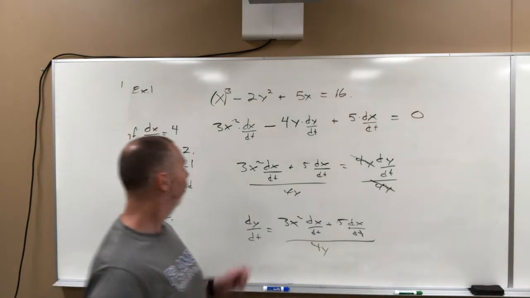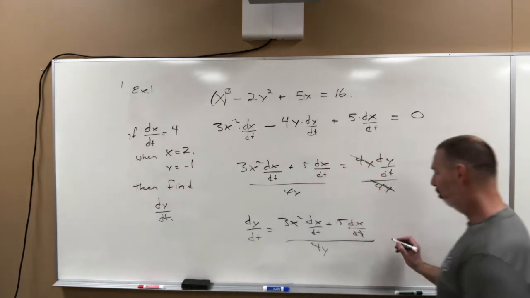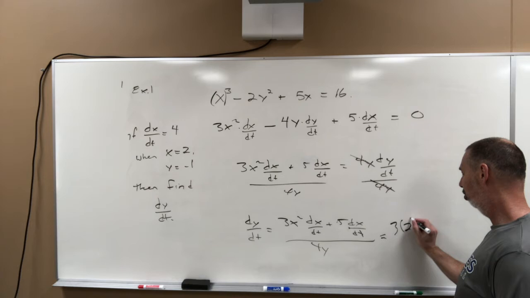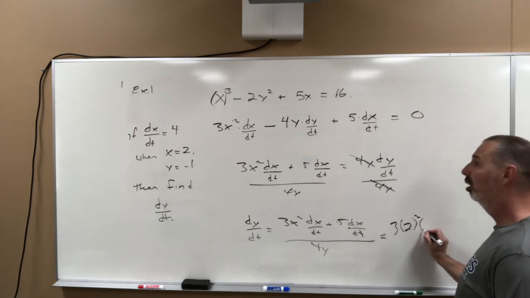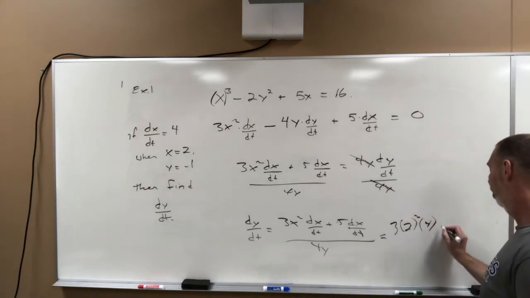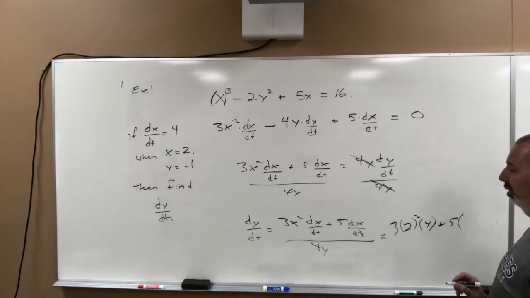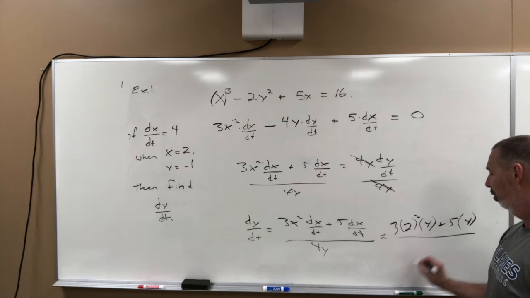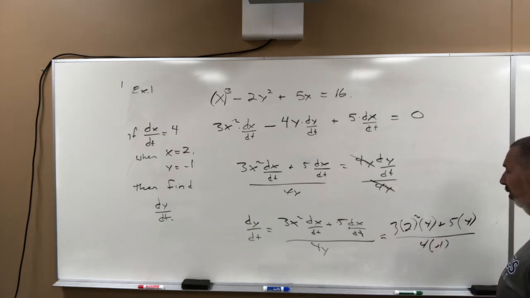All right, let's plug in our values. Again, we have our known values on the board over here, and so we'll do it here. We're going to go 3 times 2 squared times 4 plus 5 times 4 over 4 times -1.